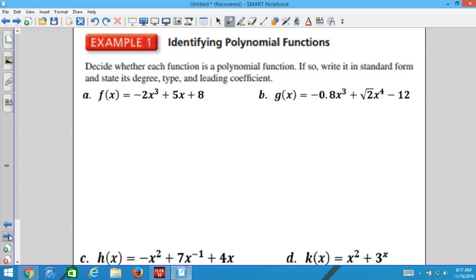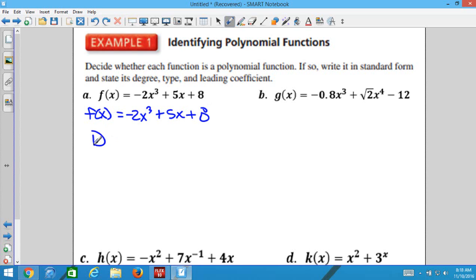So this one is a polynomial. So what would standard form be for this polynomial? Standard form would be as long as the exponents are going in descending powers, which it already is, so you could just recopy it, or you could say it's already in standard form.